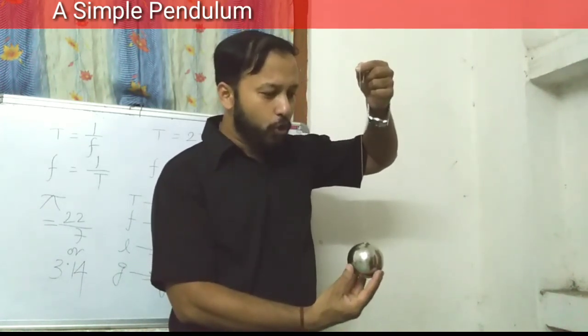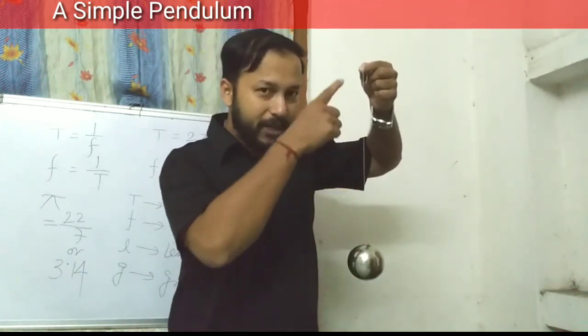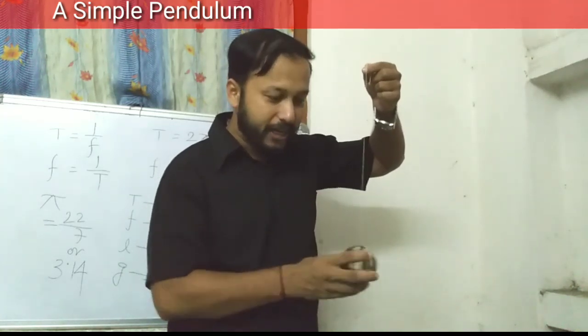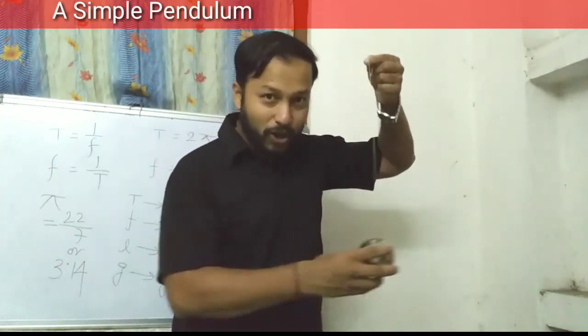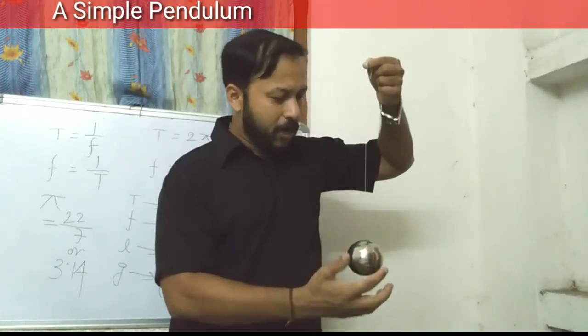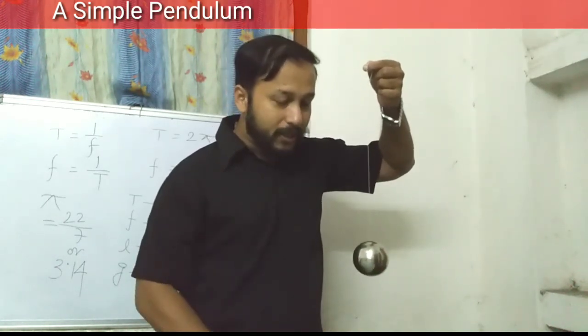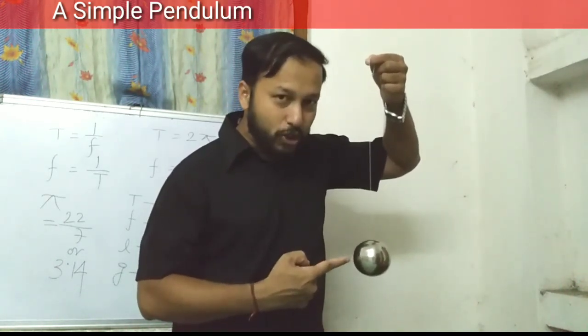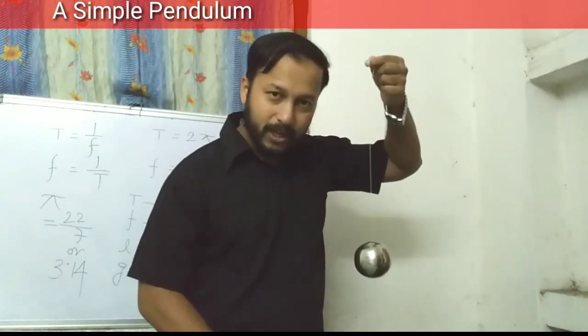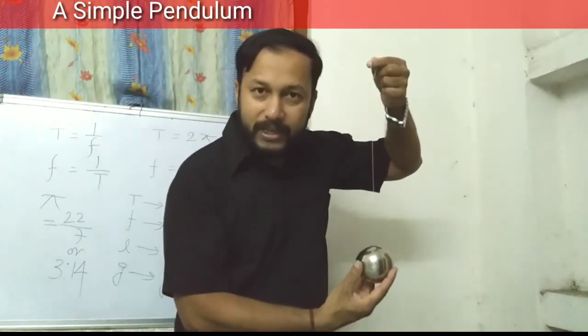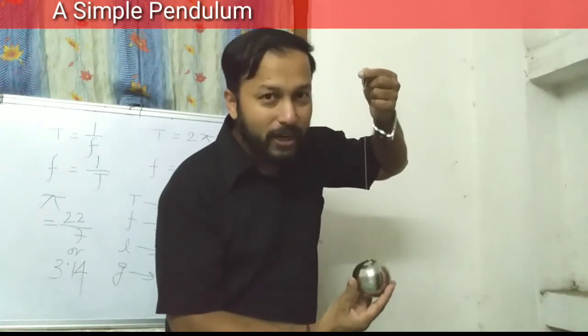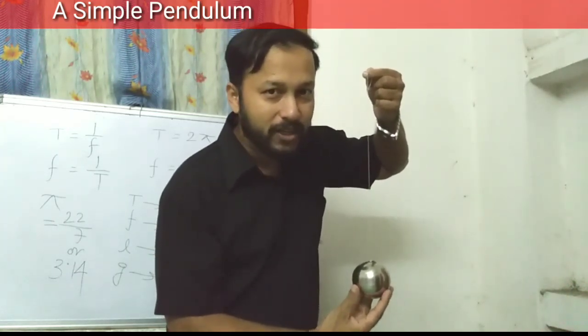And when your pendulum is at rest, see, my pendulum is at rest, it's not moving, then this position is called mean position. Understood? When your pendulum is at rest, we call it mean position.